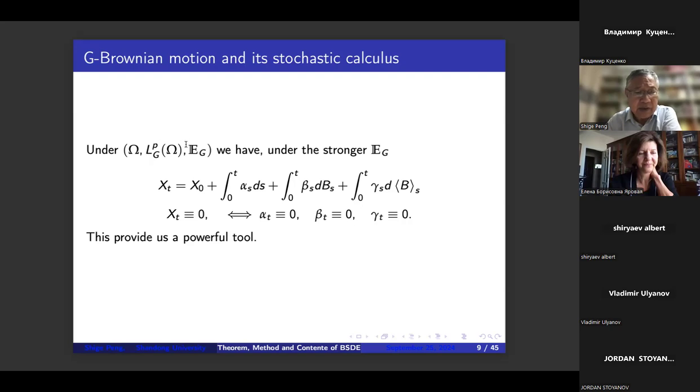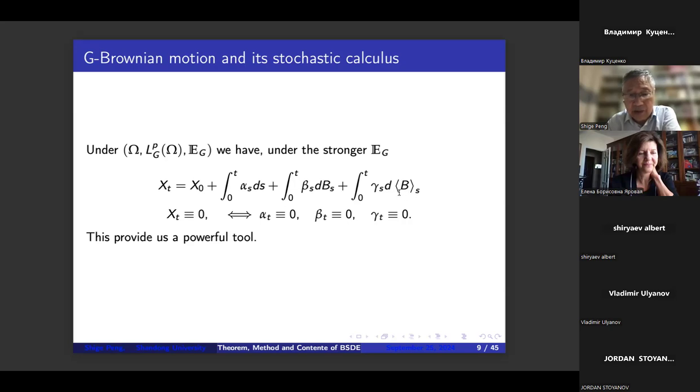In this space we still can have a generalization of Ito's formula, but here the Ito's process becomes the starting point, which can be constant, and the ds part, the dB part, and the square root of B part.